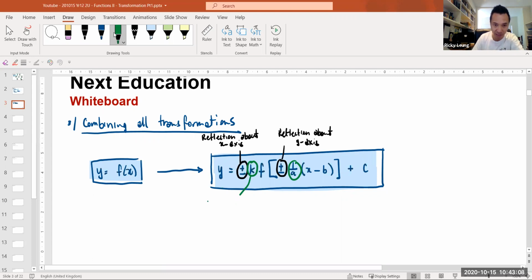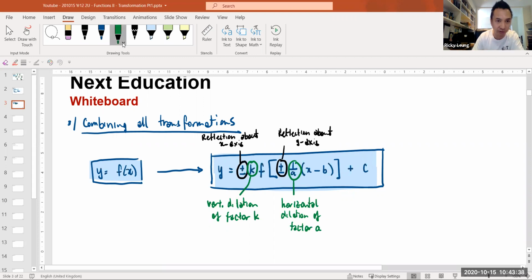So that one there is the vertical dilation of factor k. And this one here, by the same token, will be horizontal dilation of factor a.